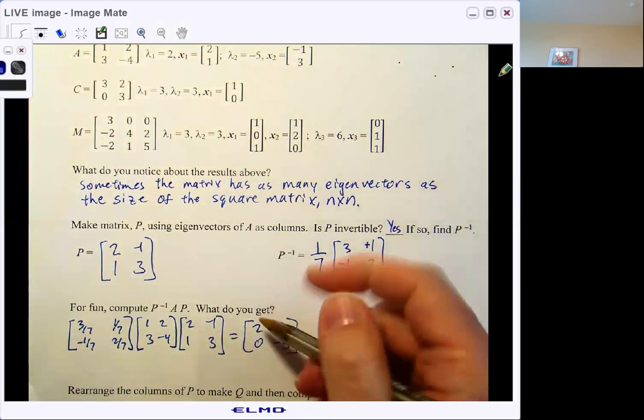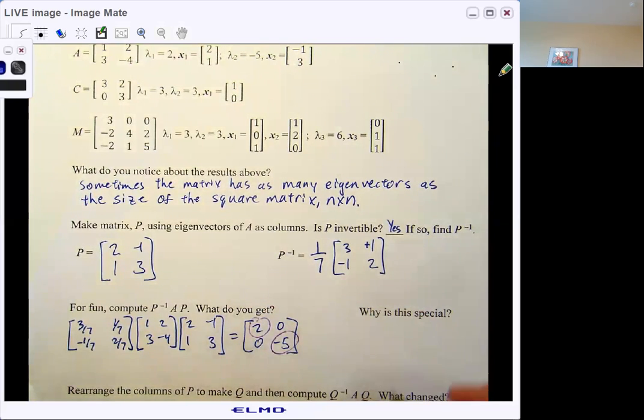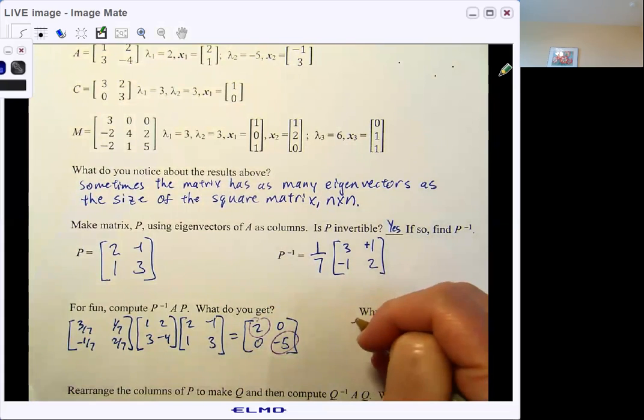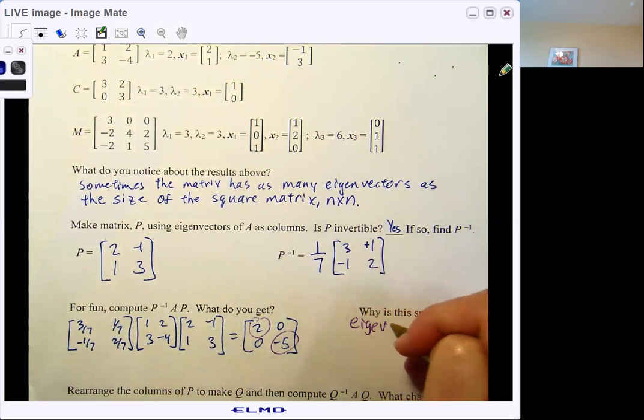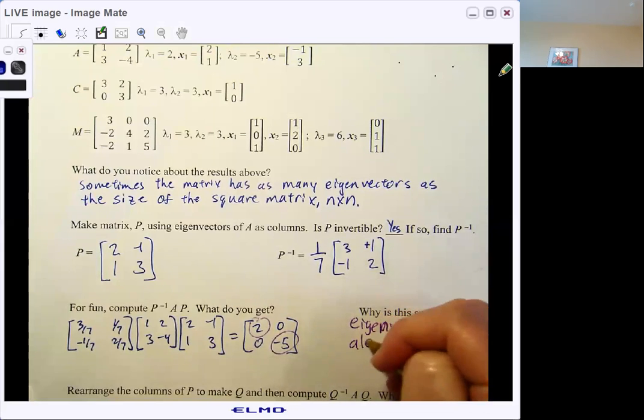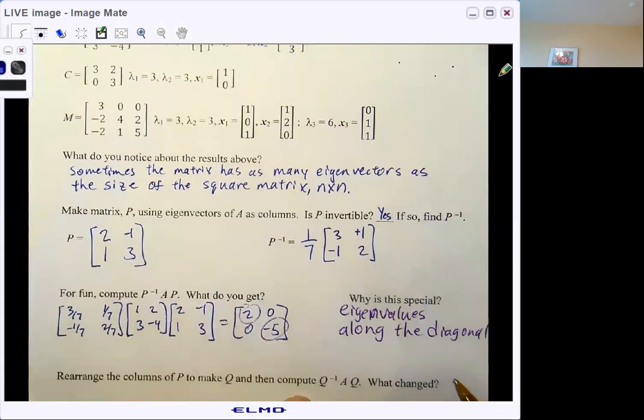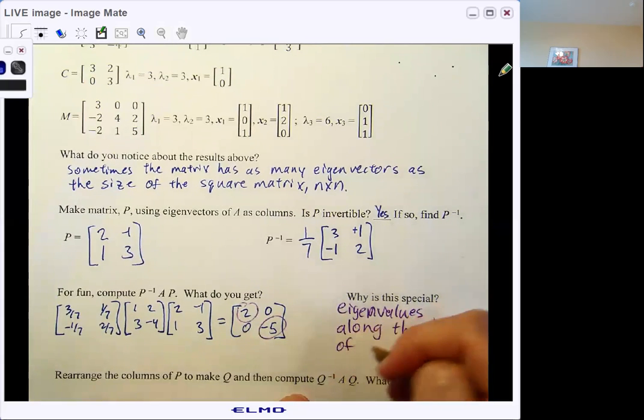Hopefully you noticed that the 2 and the -5 were the eigenvalues, and they are along the diagonal of a diagonal matrix.